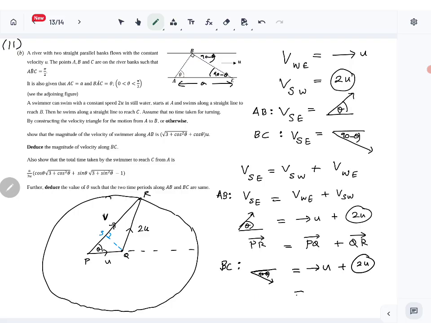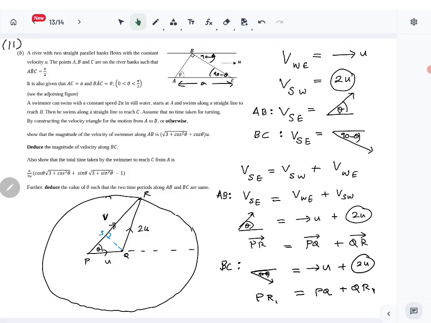So it will be PQ plus QR1 equals PR1. So similar triangle you will create with the angle 90 minus theta. So the only thing we need to change in this magnitude is the angle. You have to replace theta with 90 minus theta.